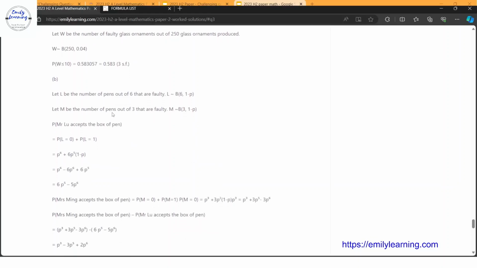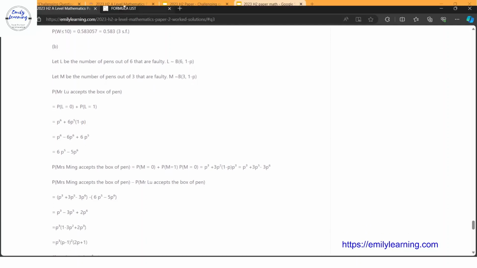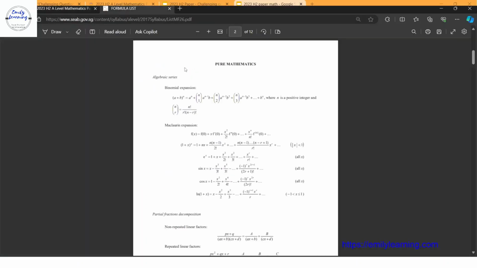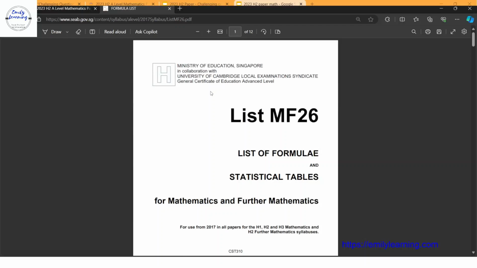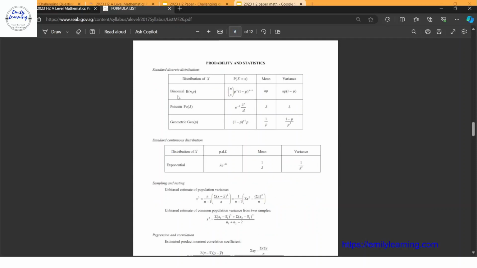Okay, in addition to the work solution, I also want to draw your attention to the formula list, your MF26 that you'll be using for your exam. For this question here, you will need to make use of the formulas from the formula booklet. One of them is for finding probability using this formula for binomial distribution.